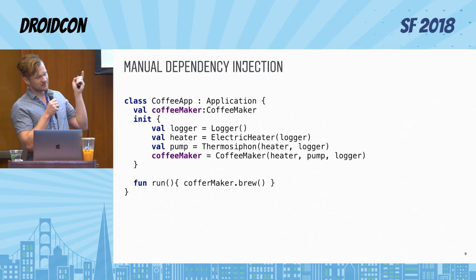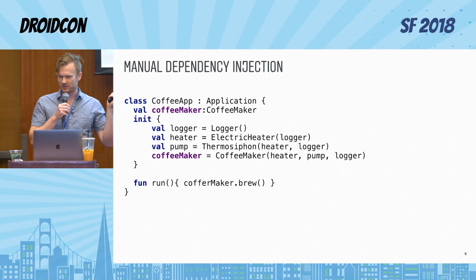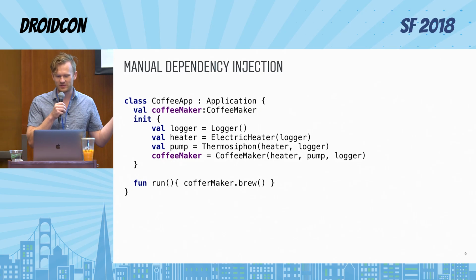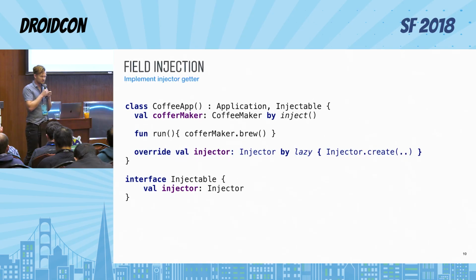So this is again our coffee maker with manual injection. Let's see how we can do dependency injection with the Injector library. As you can see, when we use the Injector library, we no longer need to know the details of how the coffee maker is created. We just ask the injector framework, please inject the instance of the coffee maker to our field.